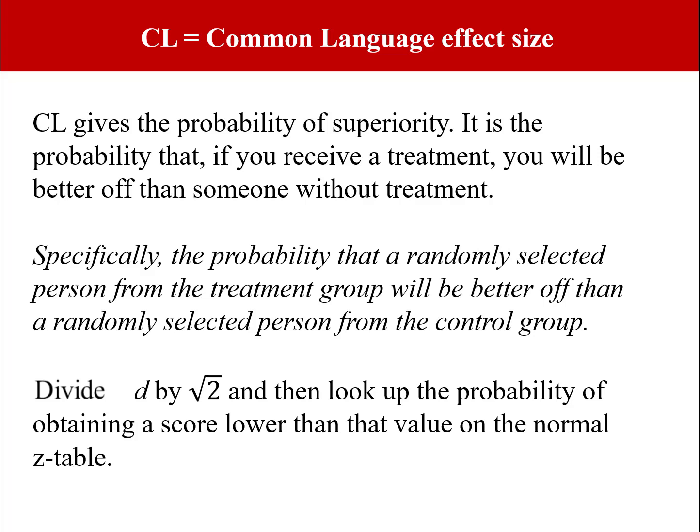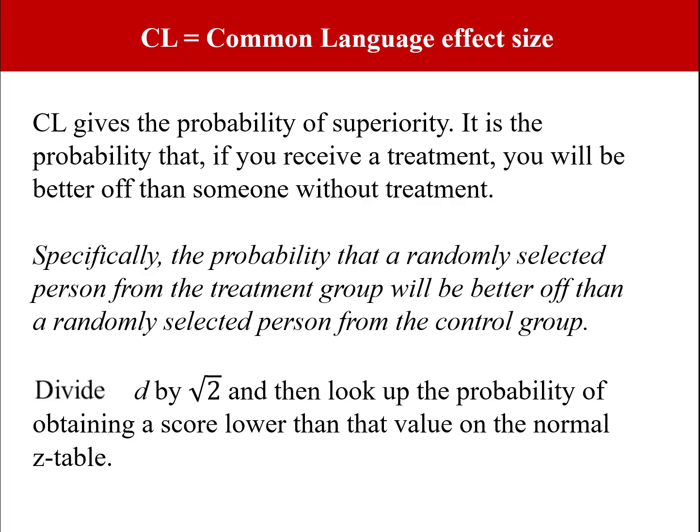And this can be especially important if you're a clinical psychologist or a medical practitioner, and you give treatments to patients or to clients, because part of ethical practice means you have to gain informed consent before administering treatments. So how do you get informed consent if a client or a patient doesn't understand what the effect size is?